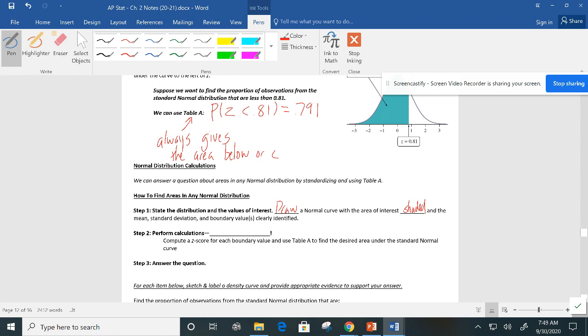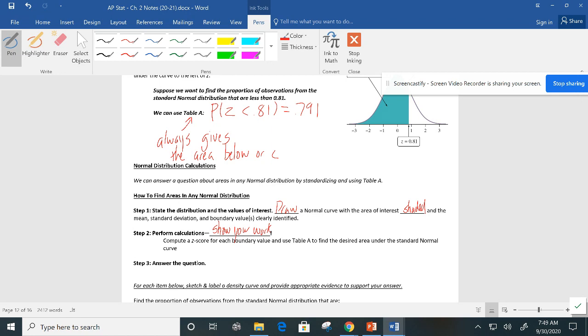Make sure that you identify the mean, the standard deviation, and the boundary values clearly. Then perform your calculations. Make sure that you always show your work. So you're going to start by finding your z-score. Once you've found your z-score, use table A to find the desired area underneath the standard normal curve and answer the question.